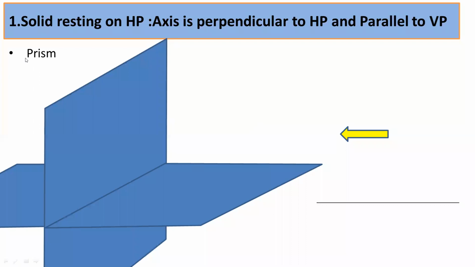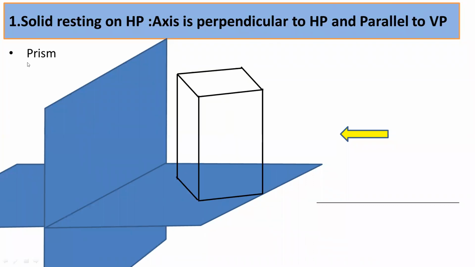So this prism, that is the first geometry, is resting on the HP. So this is the given position of that solid. Okay, its axis is perpendicular to the HP and parallel to the VP. Okay, so this is the axis of that solid.